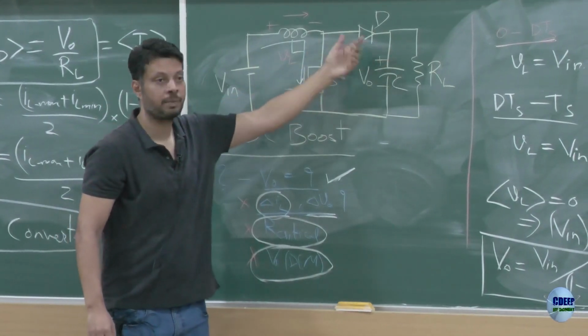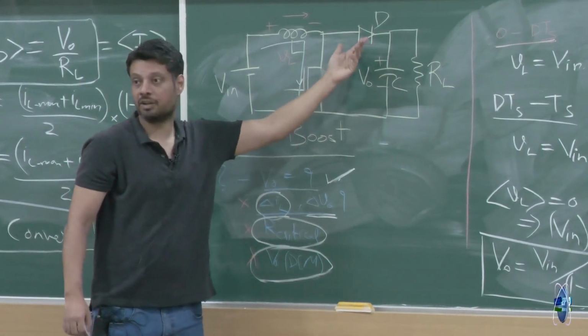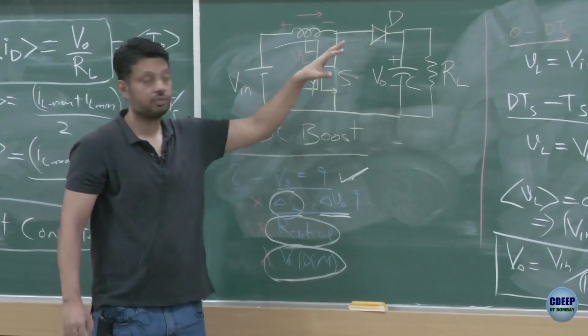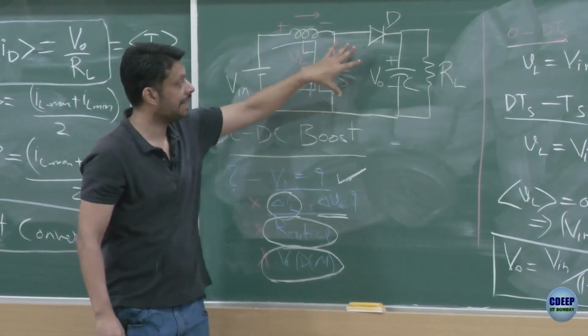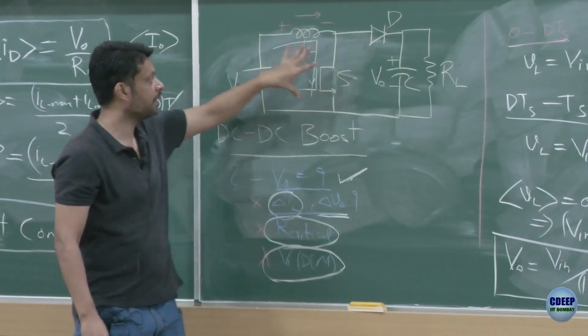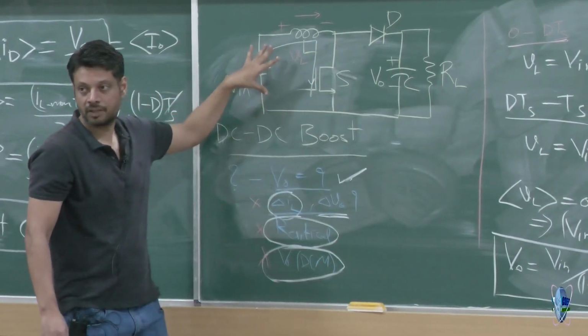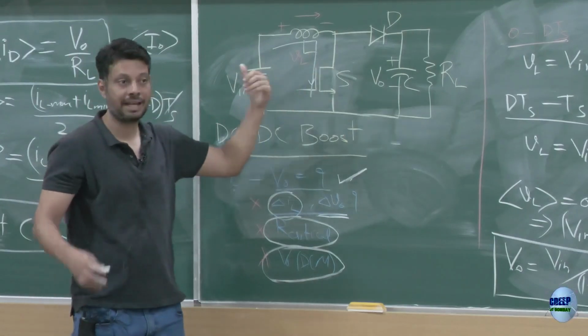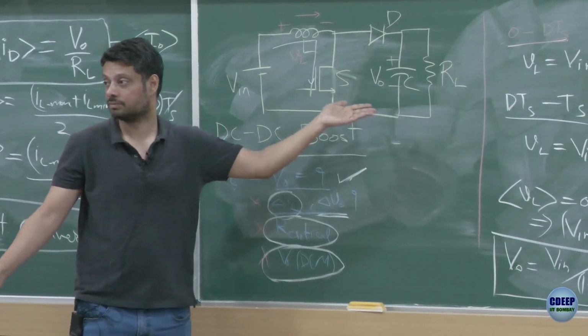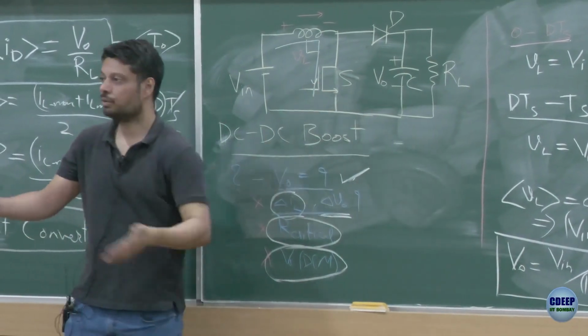Output voltage multiplied by the duty cycle of the diode, which is 1 minus D, right? So the average voltage here is less than the output voltage, all of you agree? And this average voltage must be equal to this average voltage. So by looking at it, you can quickly see that this is not going to be anything else but a boost converter. So you can look at it that way.